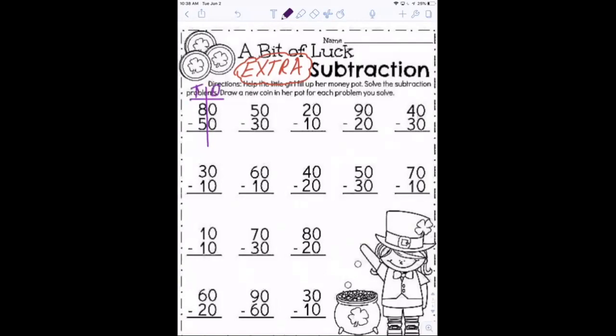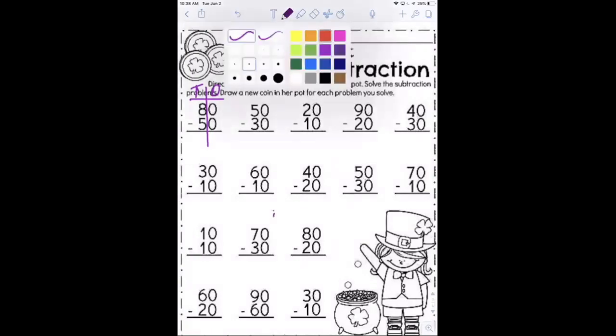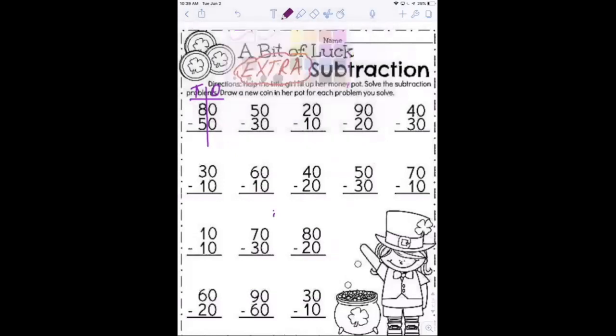Okay, so 0 ones minus 0 ones equals 0 ones. Now 8 groups of 10 minus 5 groups of 10 equals 3 groups of 10. Okay, so this one is extra, and this is how you're going to practice. Okay, when you start, make sure you separate your T-chart.